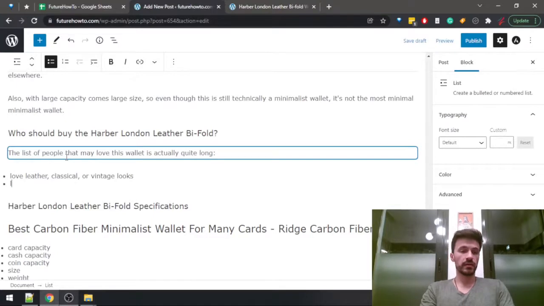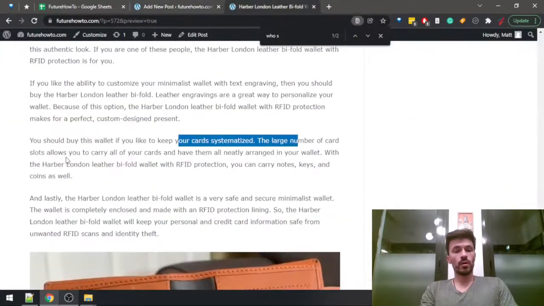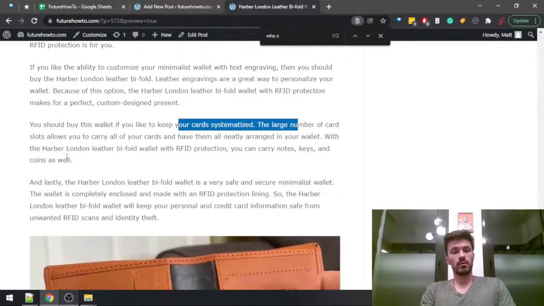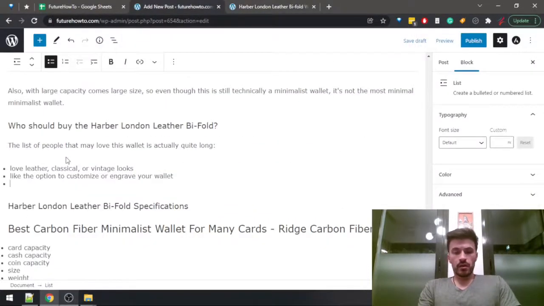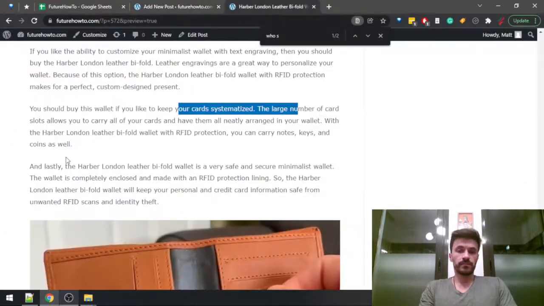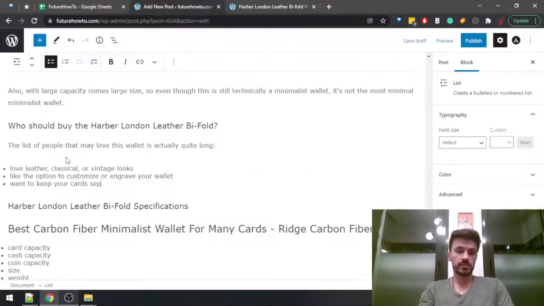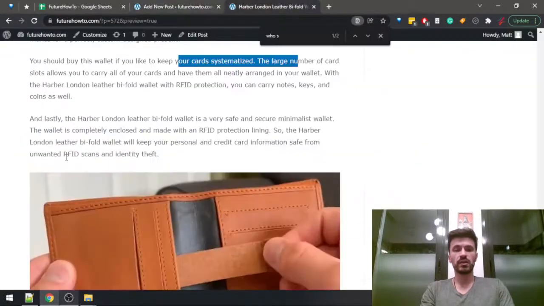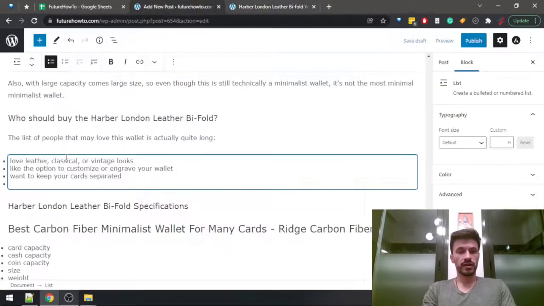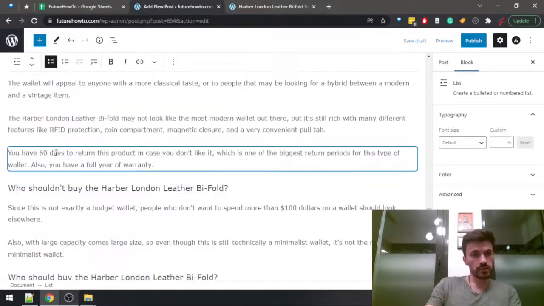I like the option to customize or engrave your wallet. Want to keep your cards separated. Yeah, that's a pretty good one. We should add it in here as well.